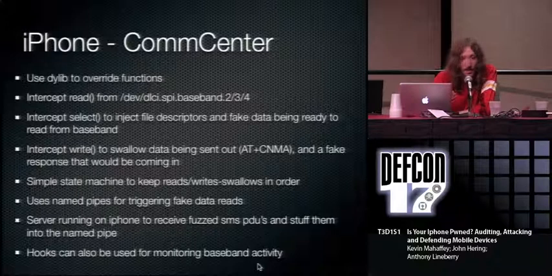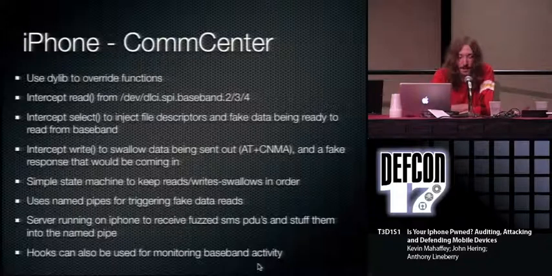Comm center would try to do a read on that baseband, and we would intercept that as well and actually read from our named pipe rather than the baseband device. From there, we could stuff that all in the buffer, and then comm center would think that it got the data that it wanted, and we could fuzz everything through that.